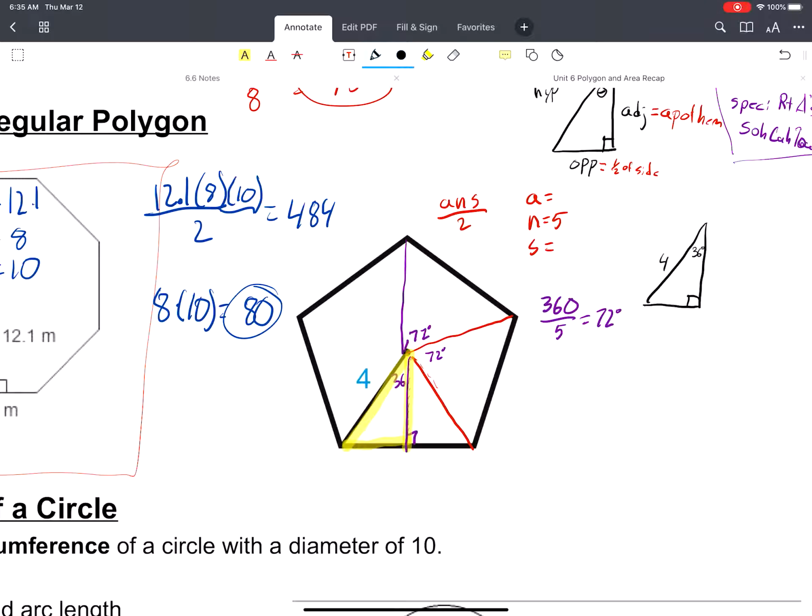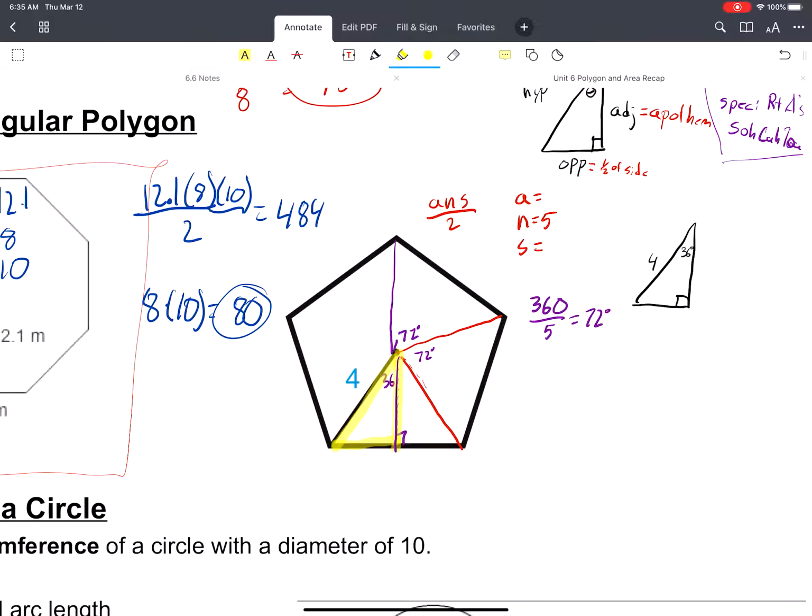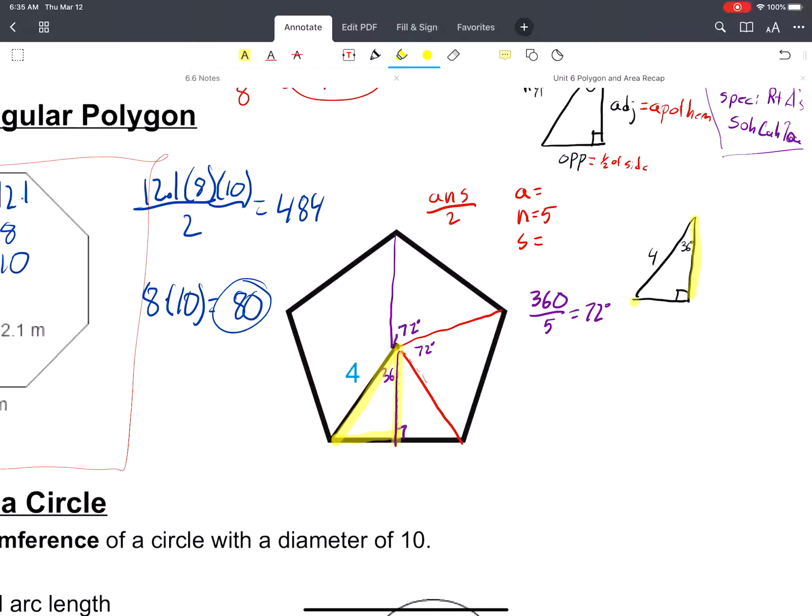The hypotenuse is 4, and we're going to try to find both the apothem, which would be our adjacent, and our opposite, which would be half of our side length. So in this case, we have to use SOHCAHTOA.